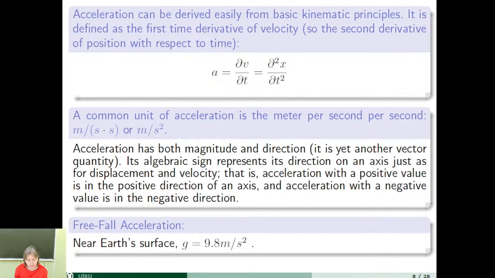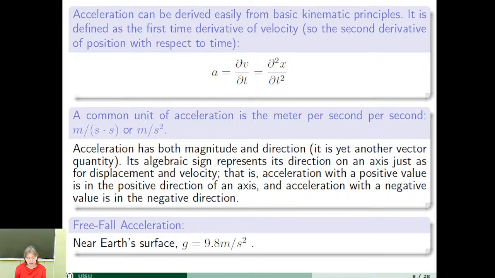When a particle's velocity changes, the particle is said to undergo acceleration. For motion along an axis, the average acceleration over a time interval delta t is delta v divided by delta t, where the particle has velocity v first at time t first, and then velocity v second at time t second.